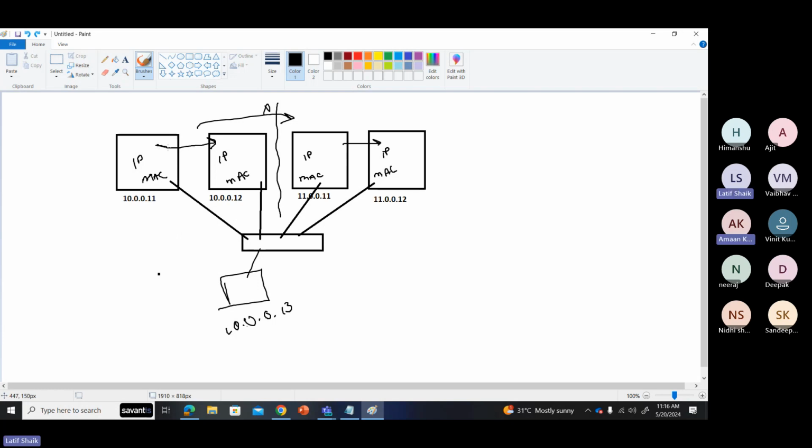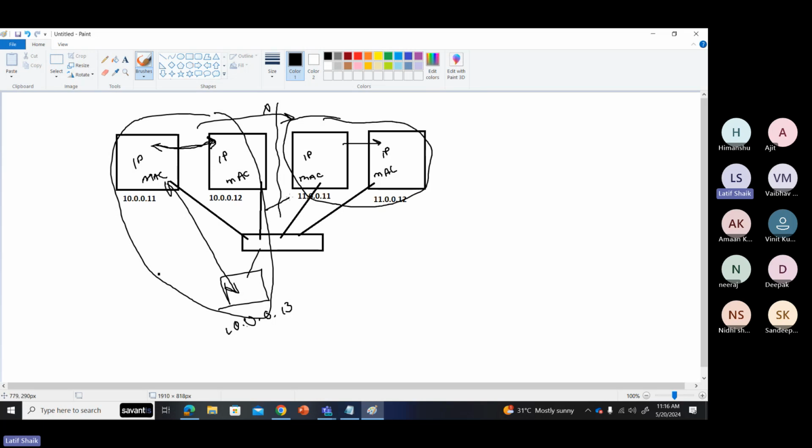Yes, they can communicate with each other. These are all communicating with each other, and these two communicate with each other. But no communication between these two networks. Why? Because they are different logical networks.